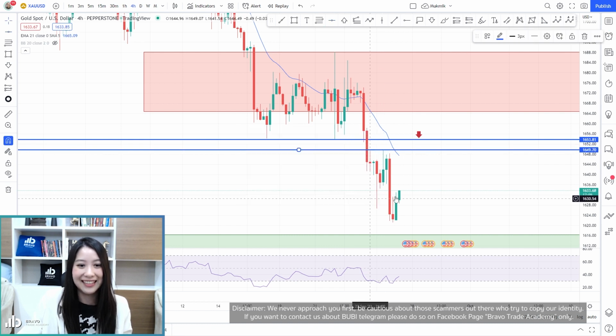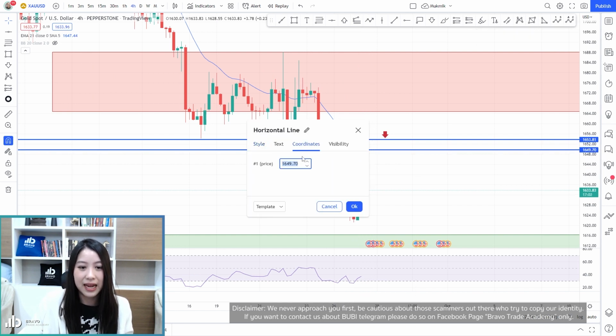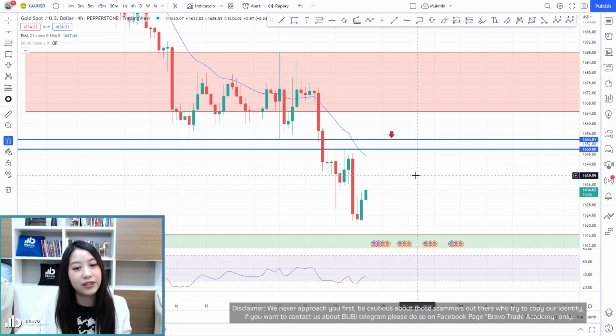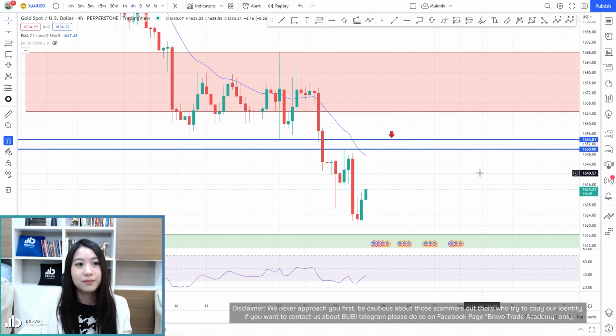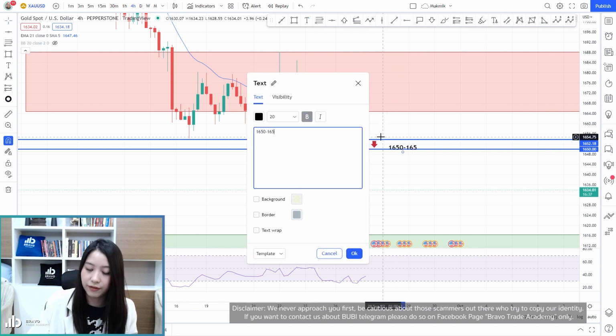Oops, I've got an alert on. So that's the significant level that I am talking about, which is at 1650. It could be used as a resistance as well. So our resistance for today in the 4 hour time frame would be between 1650 and 1654. All right, that's the big picture, 1650 to 1654.